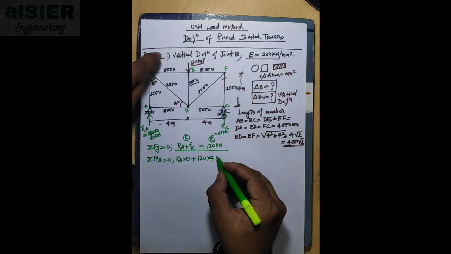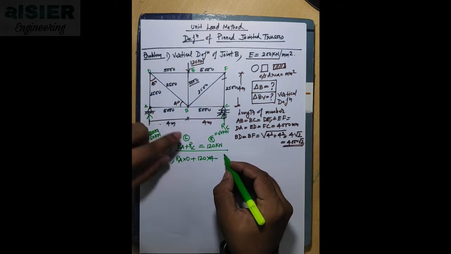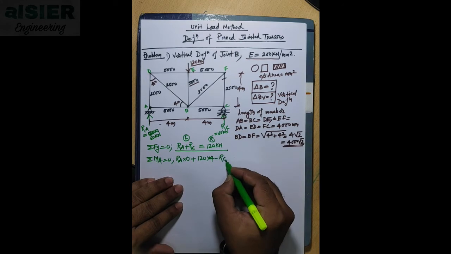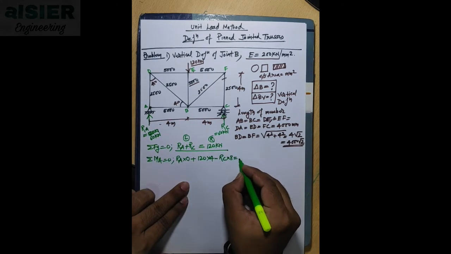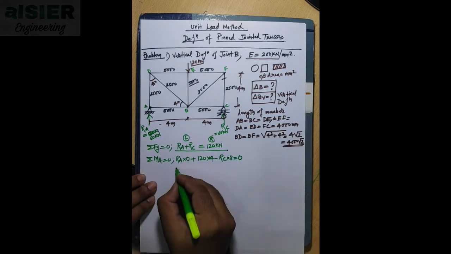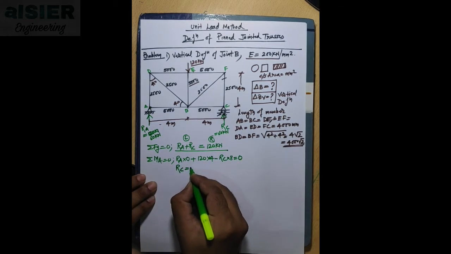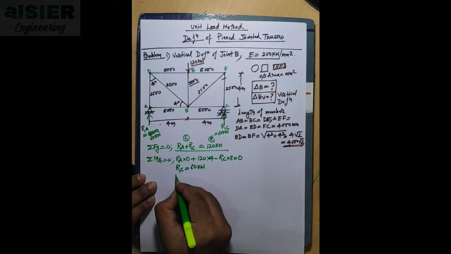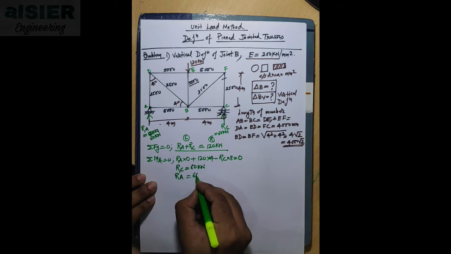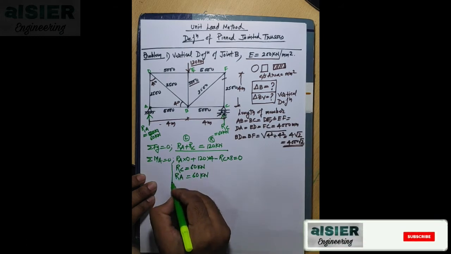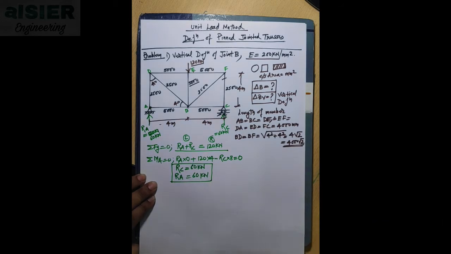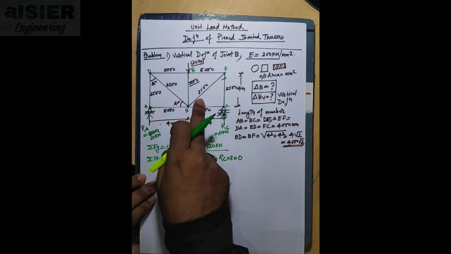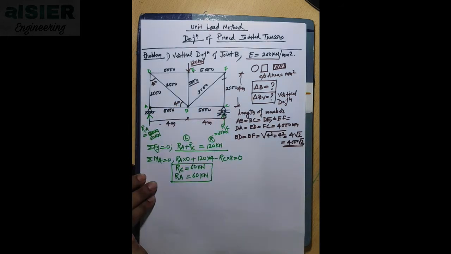Then this Rc is going anti-clockwise, so minus Rc, and the distance from A is 4 plus 4, 8, so multiplied by 8, which is equal to 0. If we calculate it now, you will get Rc is equal to 60 kilonewton and Ra is equal to 60 kilonewton. Okay, so we can also skip this step if the loading as well as the truss is symmetrical.